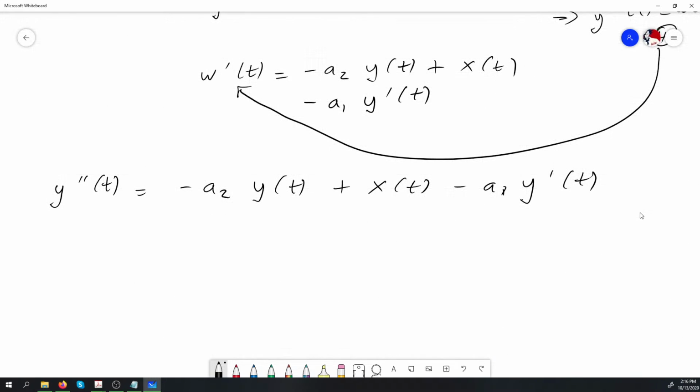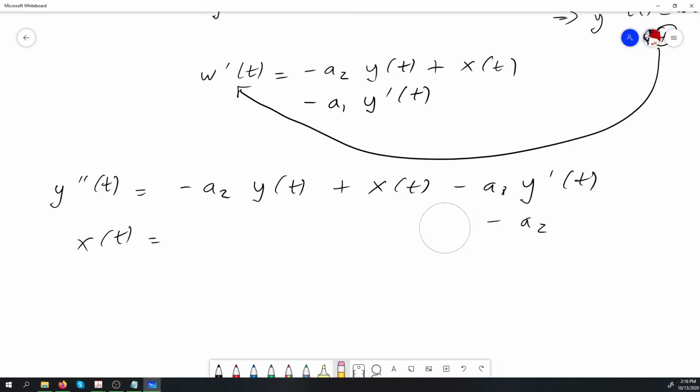Let's make x of t the subject of the formula. So x of t here will now become, make sure I'm doing this correct. Oh, wait, no. I'm transferring this all across.